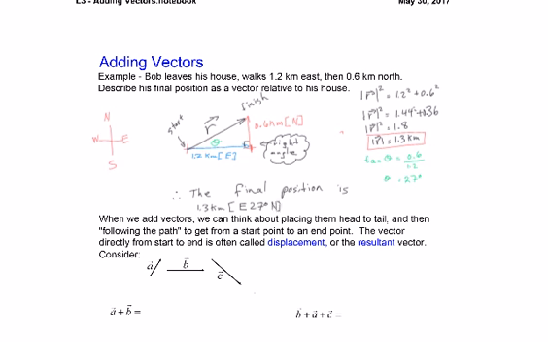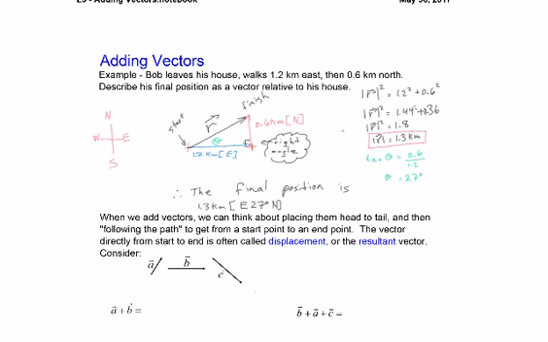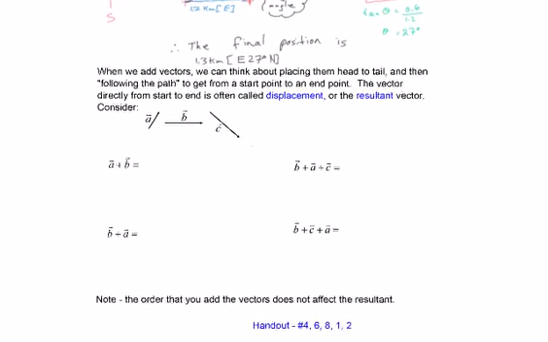Now, the next problem is basically just adding vectors, so we'll go and do that now.